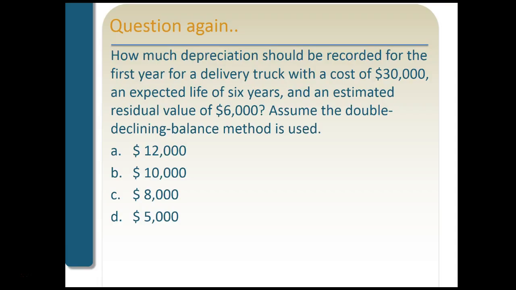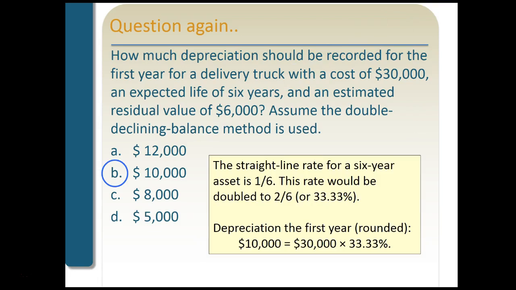Let's look at a question here regarding the double declining balance method. How much depreciation should be recorded for the first year for a delivery truck with a cost of $30,000, an expected life of 6 years, and an estimated residual value of $6,000? Assume the double declining balance method.